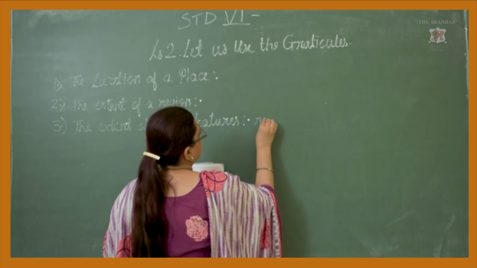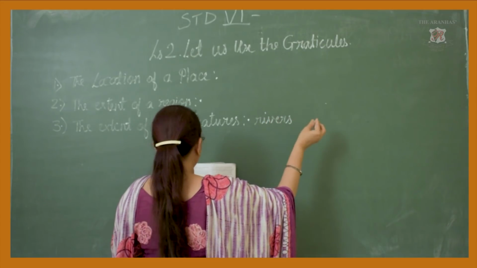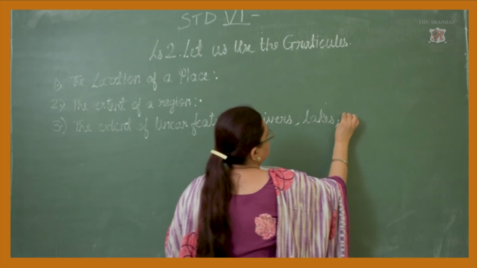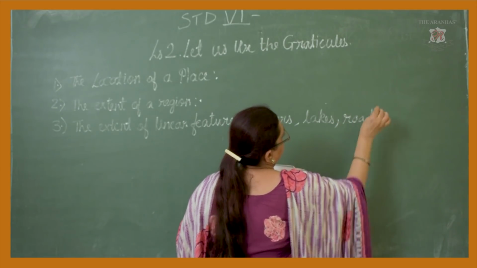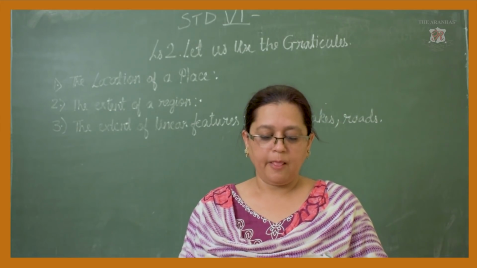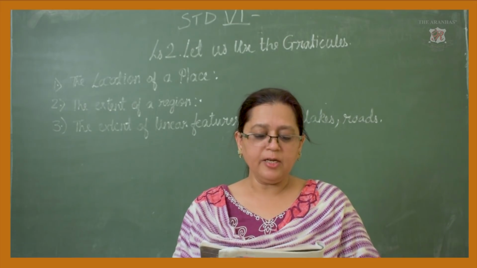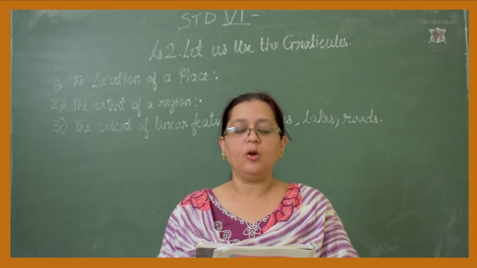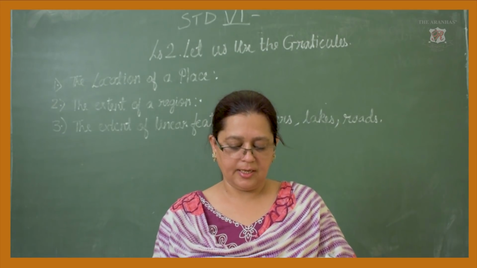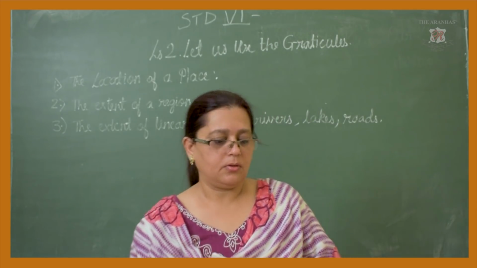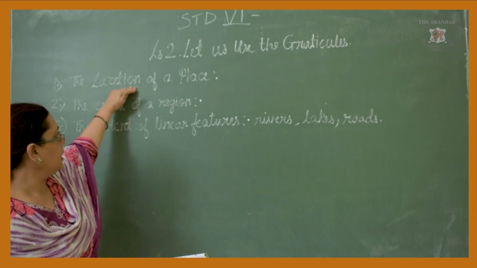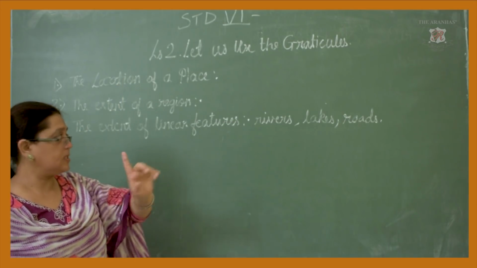Like rivers, lakes, roads, etc. To find the location of a place, we took the example of Delhi, only one place.